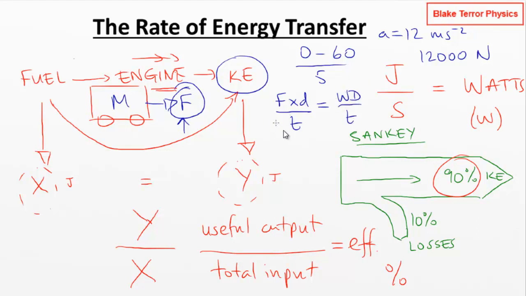But then we could rewrite that as force multiplied by distance over time, and distance over time, of course, is velocity. So we can say force times velocity equals power. That's another way that we can write this down if we've got a driving force of an engine. So it depends which way we're approaching the analysis here.